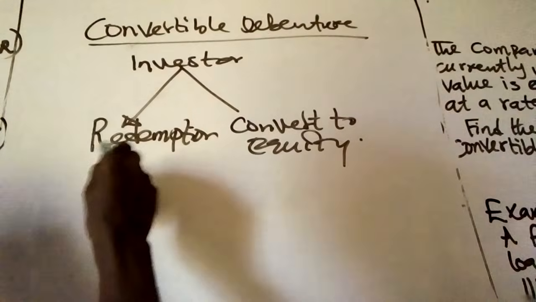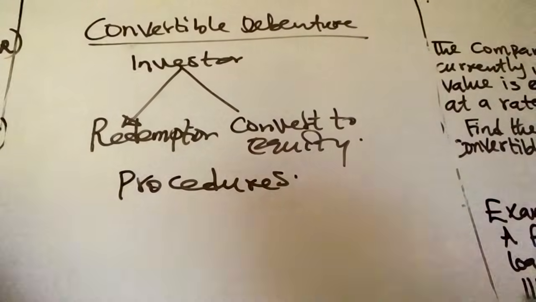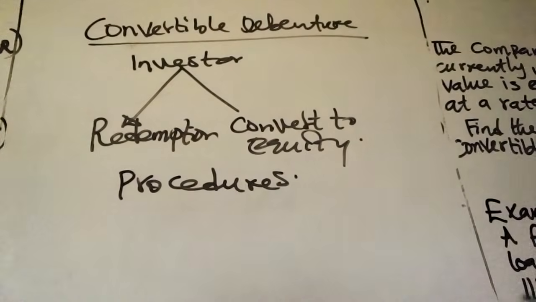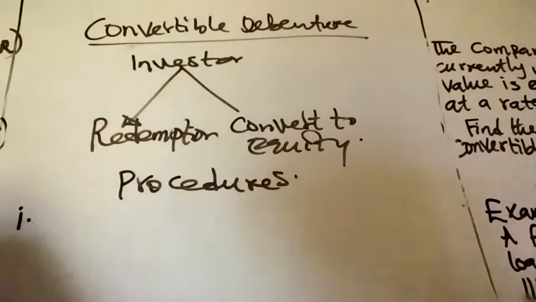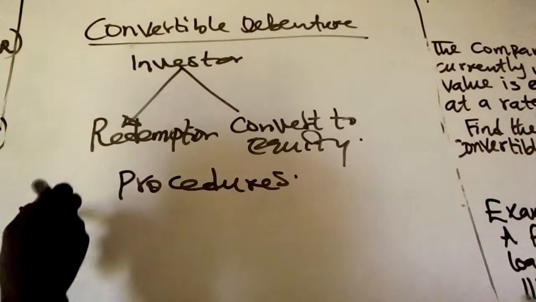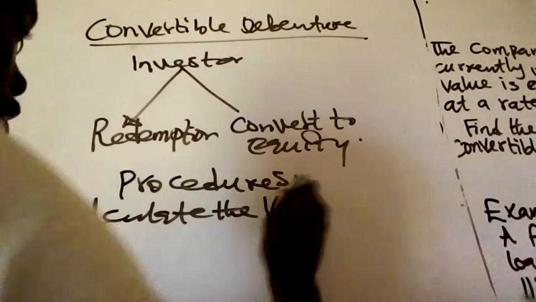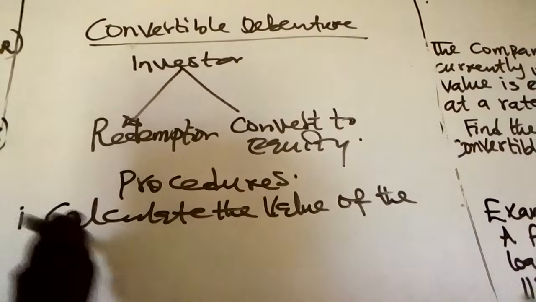So the procedures that you will need to follow in calculating the cost of convertible debenture. The first step is to calculate the value of conversion option from the available data.